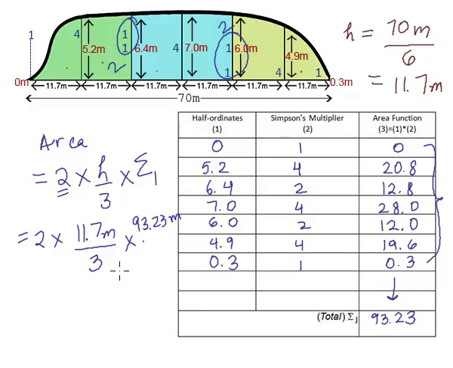And when we do the calculation, it comes out to be 727.1, which we round to 727.2 meters squared.